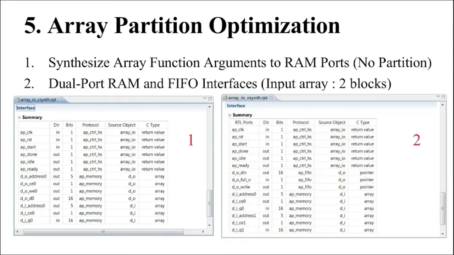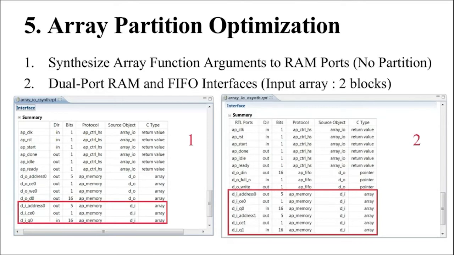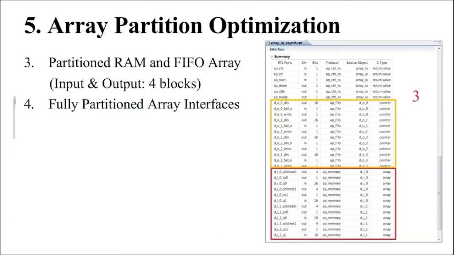First is no partition, and the second is to partition the input array into 2 blocks. The third is to partition the input and output arrays into 4 blocks, and the last is to fully partition the array.